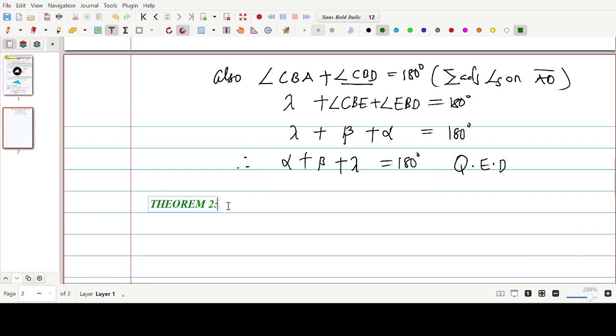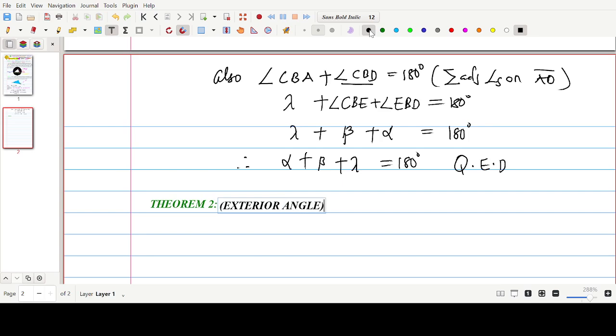So it's about exterior angle. Let me put it in brackets. Exterior angle, right? This is correct. So that is the title of the theorem.